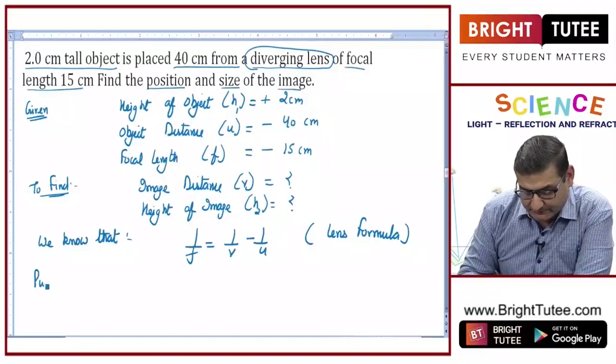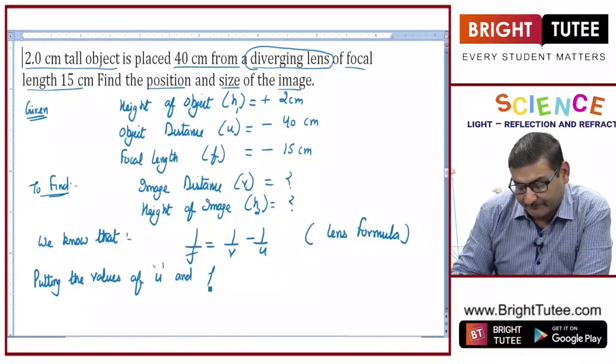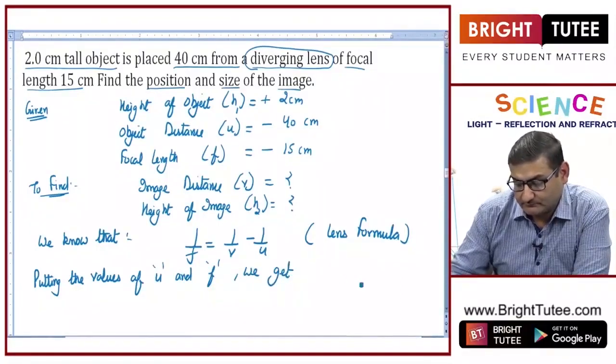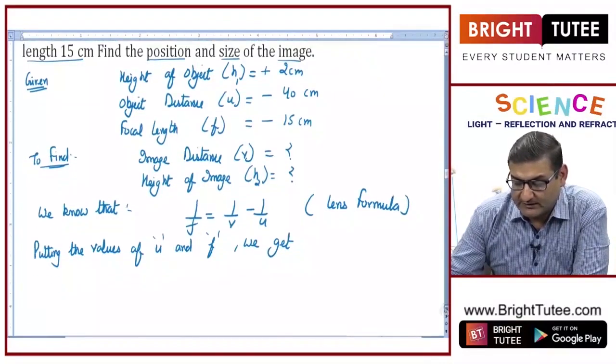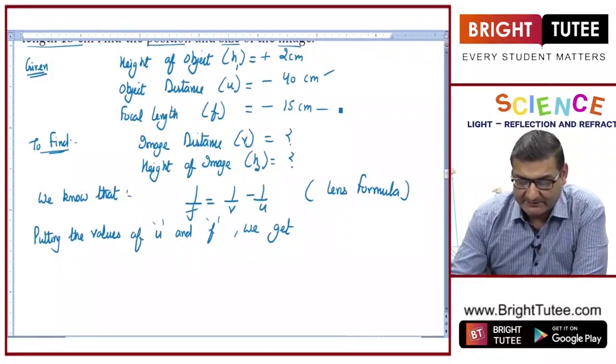Putting the values of u and f, we get u is minus 40 centimeters, f is minus 15 centimeters.